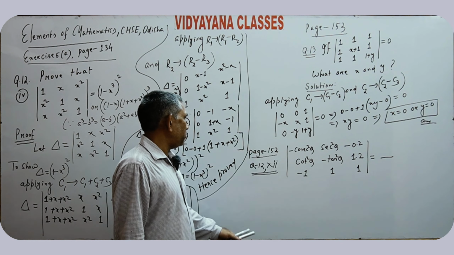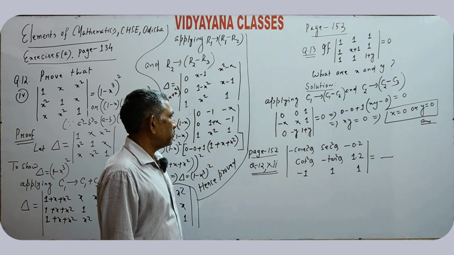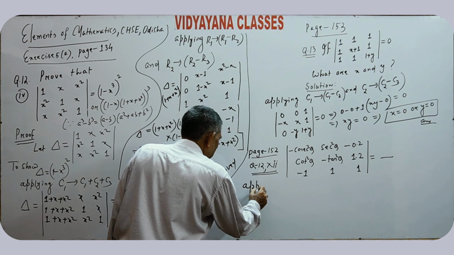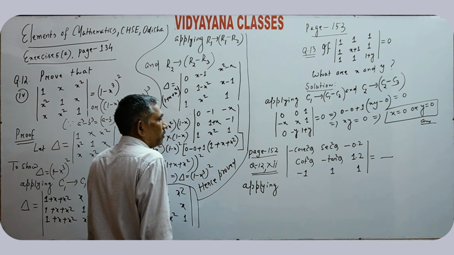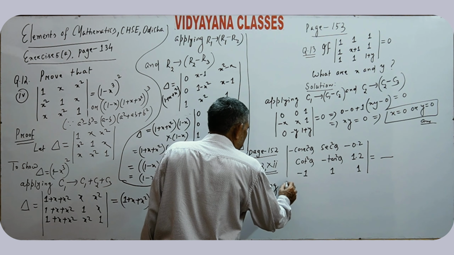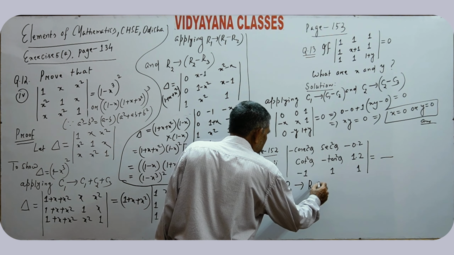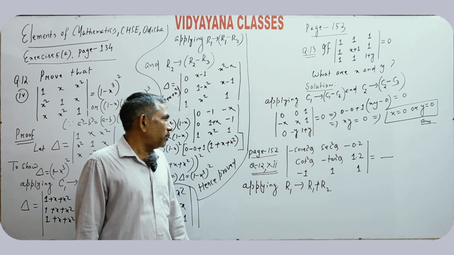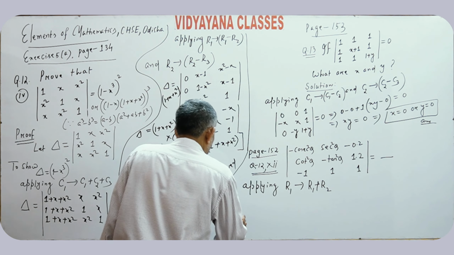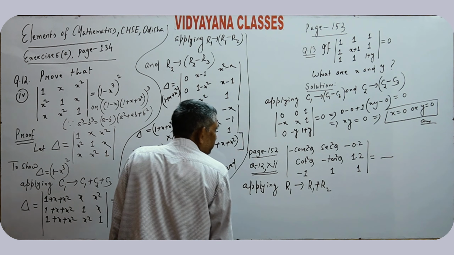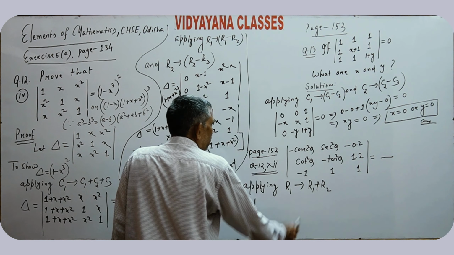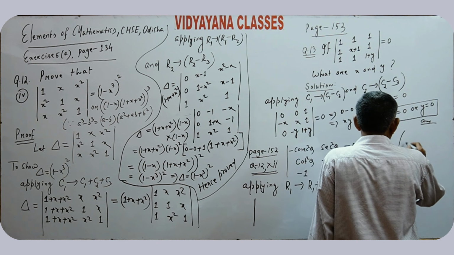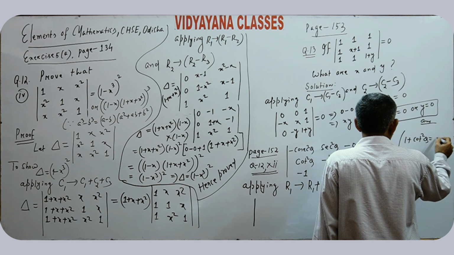Next, page number 152, question number 12. The value of the determinant is dash. Apply R1 is replaced by R1 plus R2. It gives minus cos square theta plus cot square theta. 1 plus cot square theta is equal to cosec square theta.